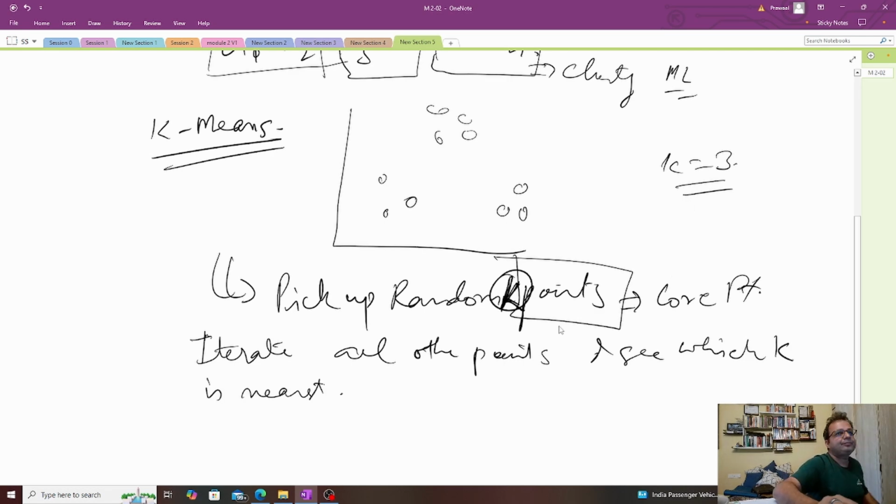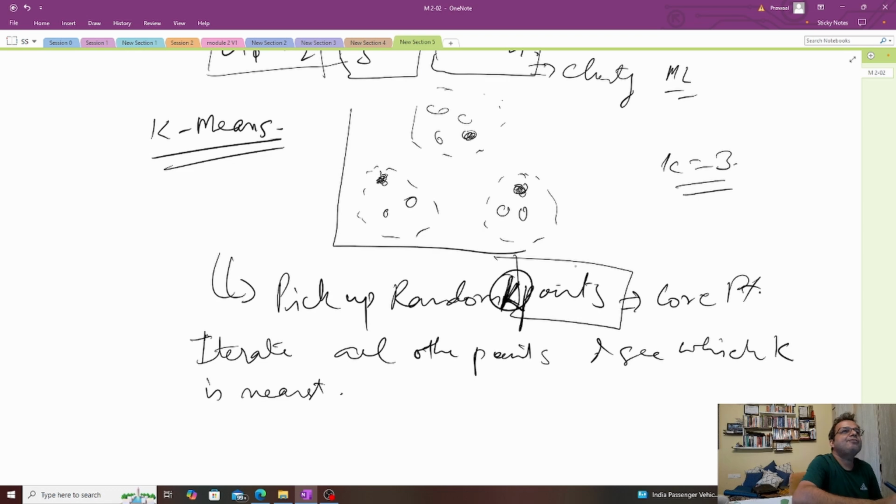If you are fortunate and you have selected one from here, one from here, and one from here, then in the first go itself this will become the first group, this the second group, and this the third group.